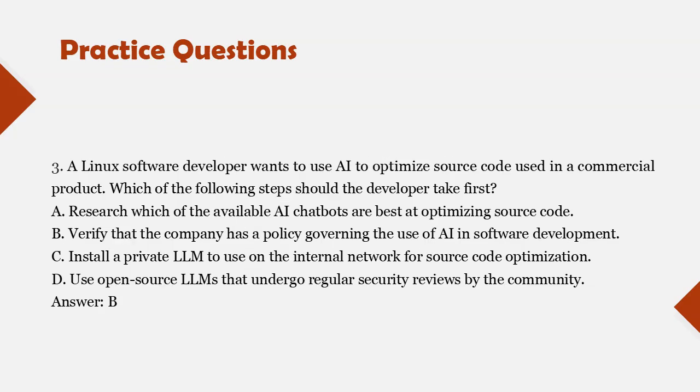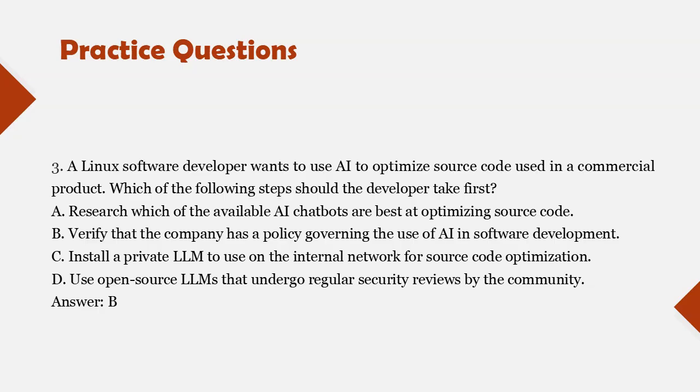3. A Linux software developer wants to use AI to optimize source code used in a commercial product. Which of the following steps should the developer take first? A. Research which of the available AI chatbots are best at optimizing source code.